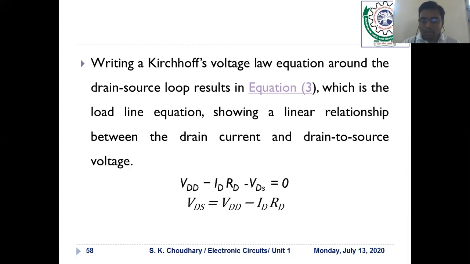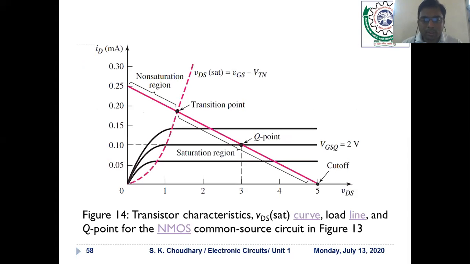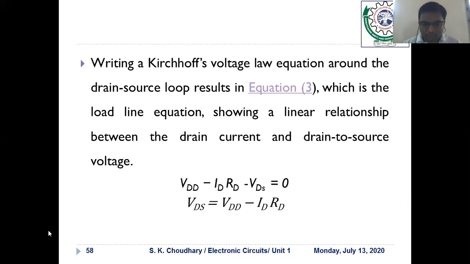Now we have to modify this further. This is the DC load line curve. Before going to this particular diagram, we have to rewrite this equation a little further and convert it into a straight line equation.